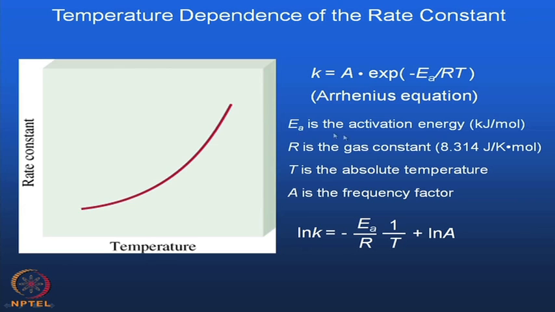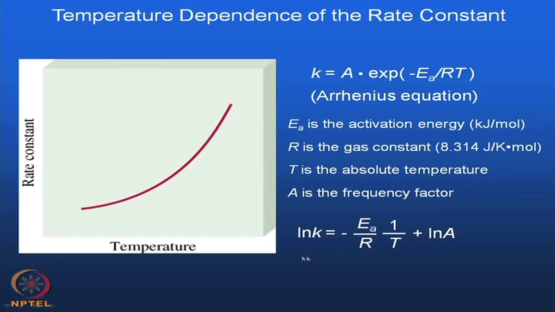As I mentioned, E a is the activation energy, generally calculated in kilojoule per mole, and the gas constant has the value 8.314 joule per Kelvin mole. T is absolute temperature, and A is the pre-exponential term I mentioned earlier, but it is actually termed the frequency factor. So, it is related to some frequency quantity. I will come to that in some later classes.